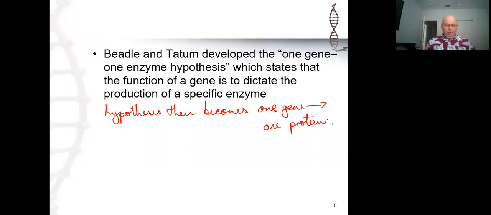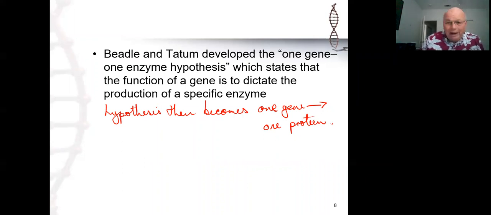But remember, at this point in time, a large number of people are of the opinion that proteins are potentially the molecules of inheritance. So a lot of work is being done on proteins. And as people continued to research proteins, it became obvious that proteins were not made up of a single strand of amino acids.